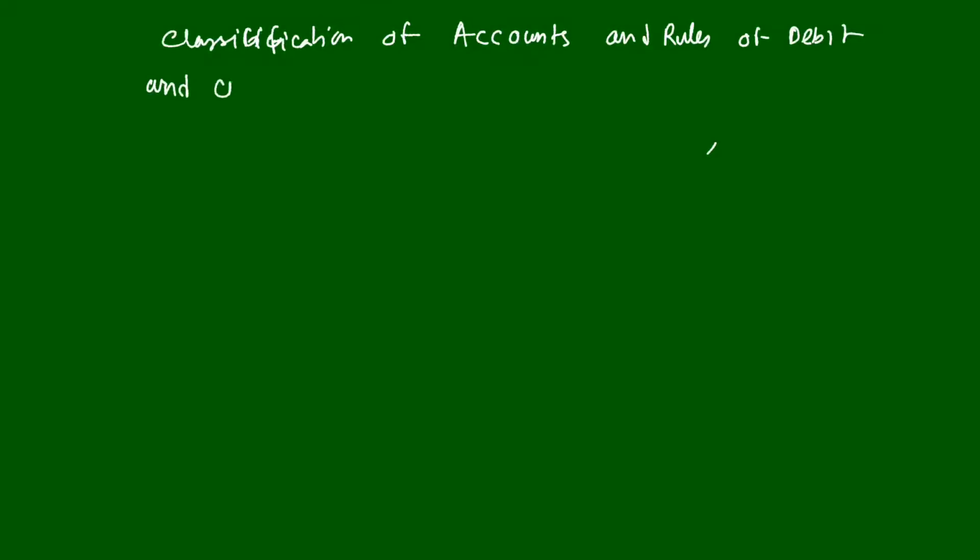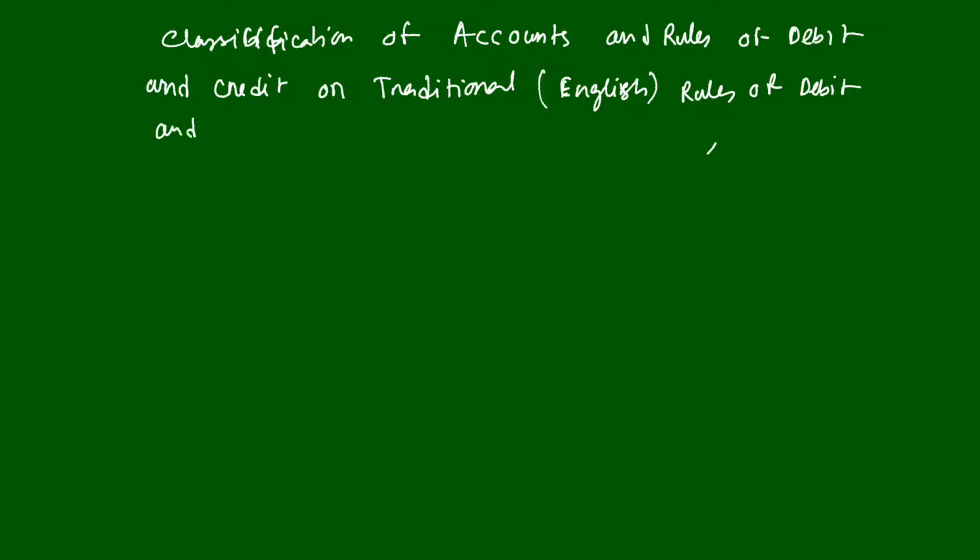So, classification of accounts. Listen to this class carefully, this is a very important class. Every class of this chapter is very important. Rules of debit and credit, traditional, that is English rules of debit and credit. Okay.